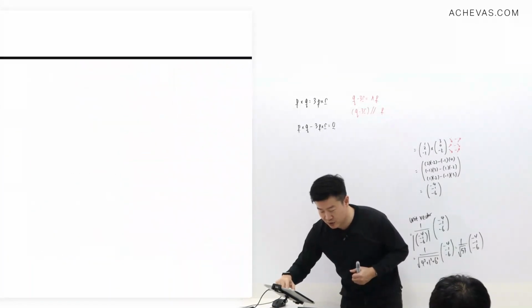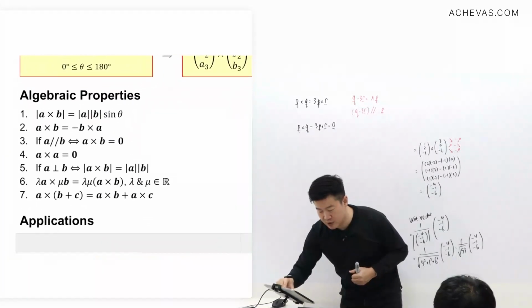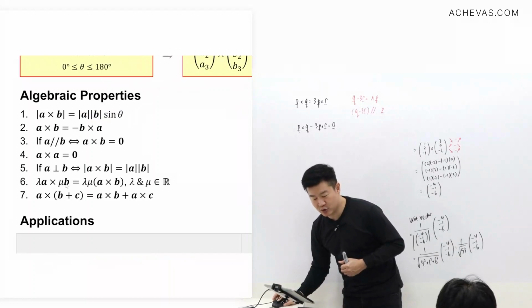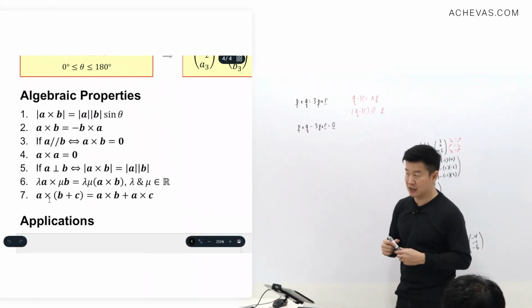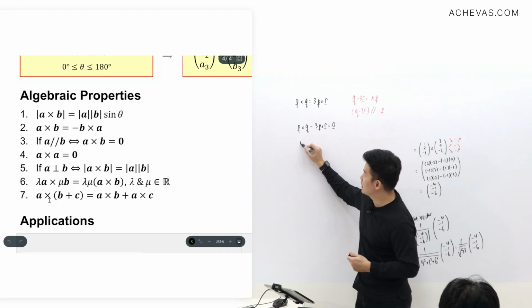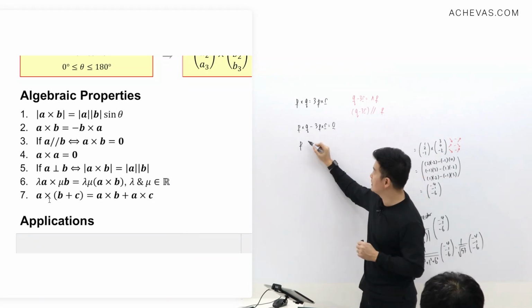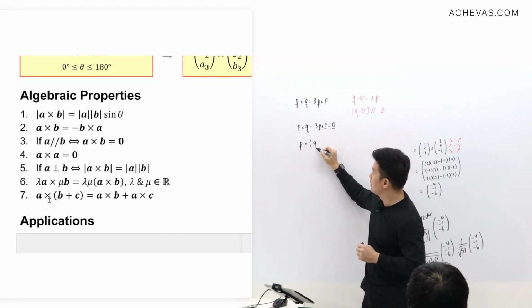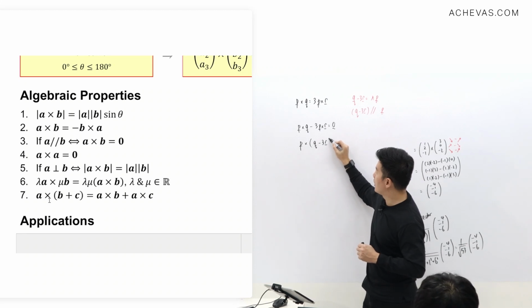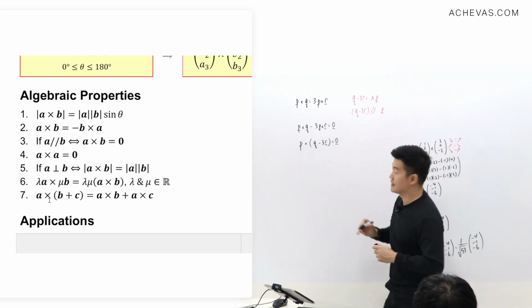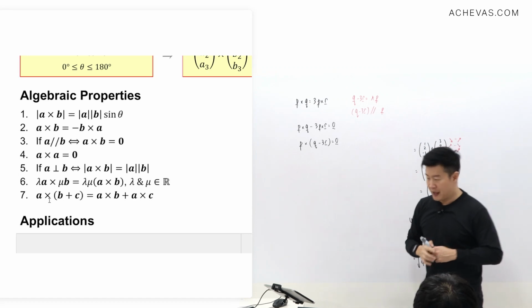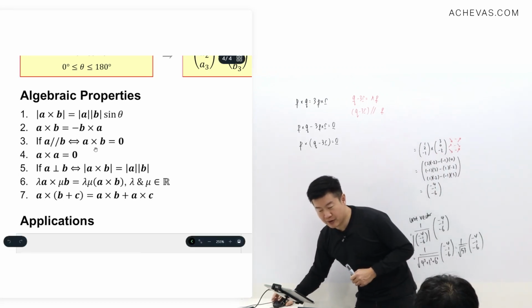So let me just go to the cross product properties. The first one that I'm going to try to make use of is number 7. Number 7 tells me that I can factorize this to become P cross Q minus 3R is equal to a 0 vector. And then I will refer to number 3.